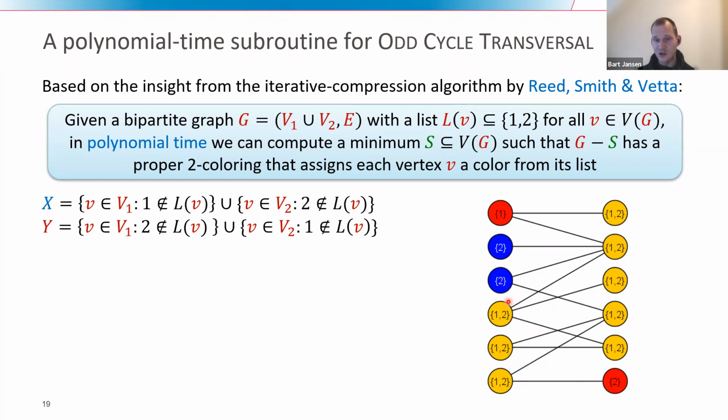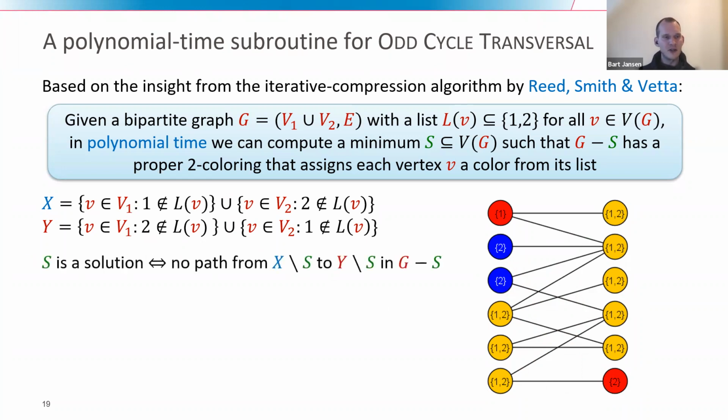So as long as these two, which are both forced to be colored 2, remain connected, such a coloring is impossible. Which shows that if you generally define vertex sets like here, you can show that a vertex set S is a solution to this problem exactly when there's no path from X minus S to Y minus S anymore after you remove the set S.